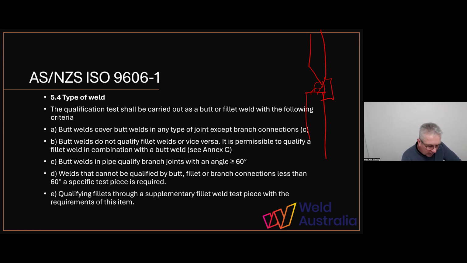And if that then complies, then you look at the fill and cap, and then it's the types of tests that we do, and we'll look at that further on. And if it naturally complies, then he's qualified for a single and multi-layer downhand fillet. And then he's also covered for a PC butt weld. So there's ways and means that we can qualify operators.